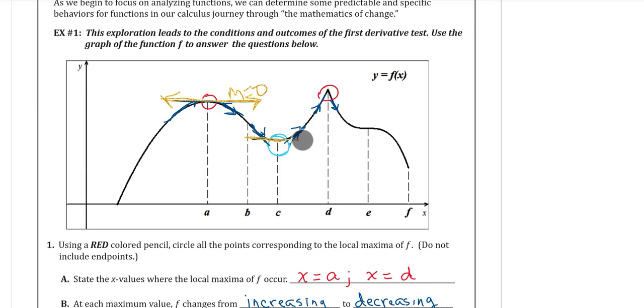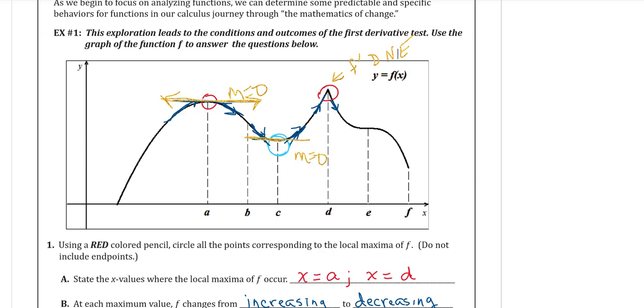Same with here at C, we have an m of 0. But here, m is undefined. F prime does not exist, because we have a corner or a cusp.